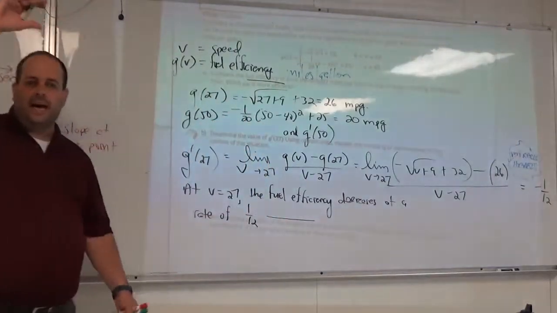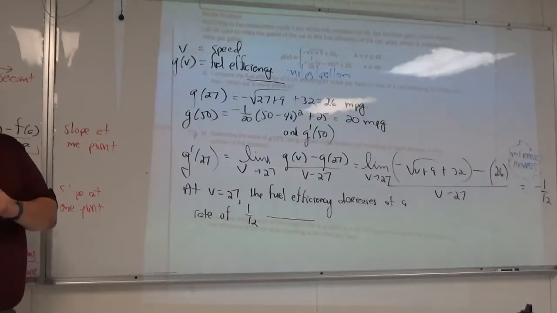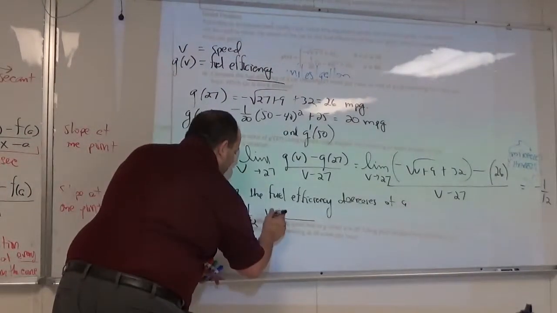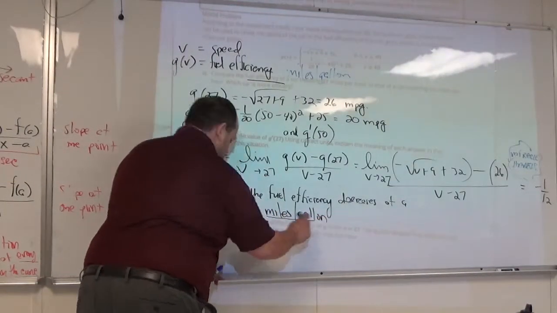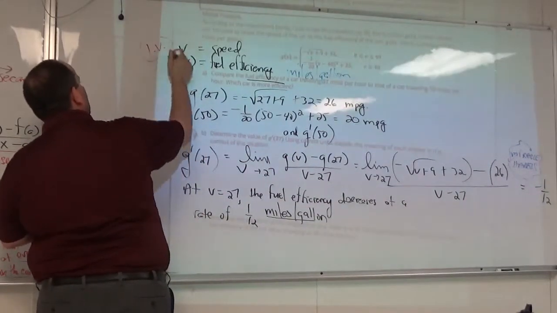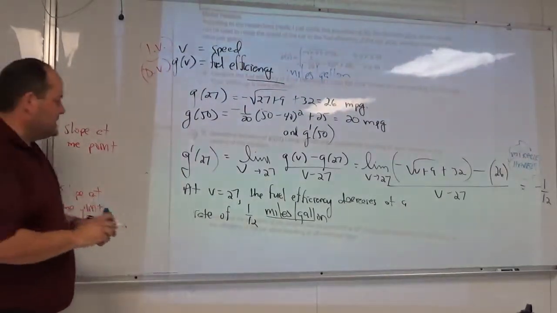Now, units on the top, units on the bottom, don't blow it. The independent variable is the velocity, in miles per hour. The dependent variable is the fuel efficiency, in miles per gallon.